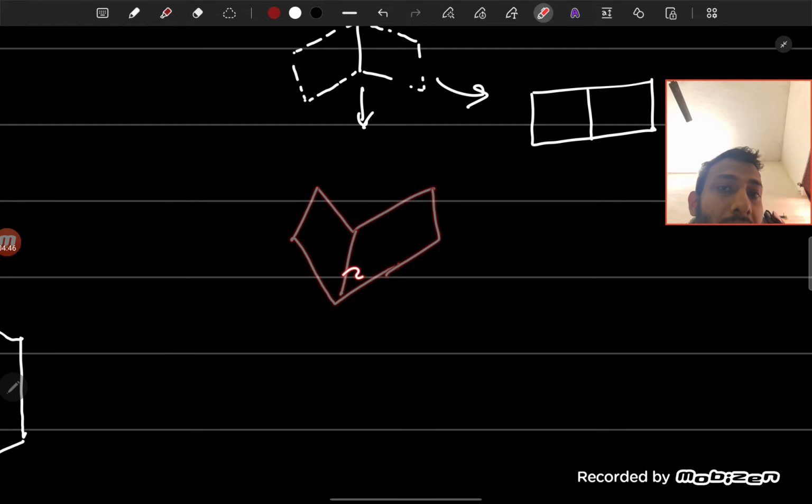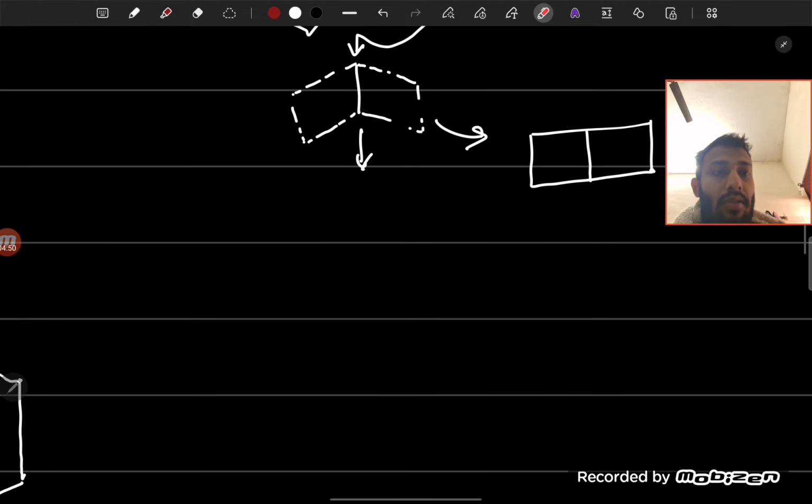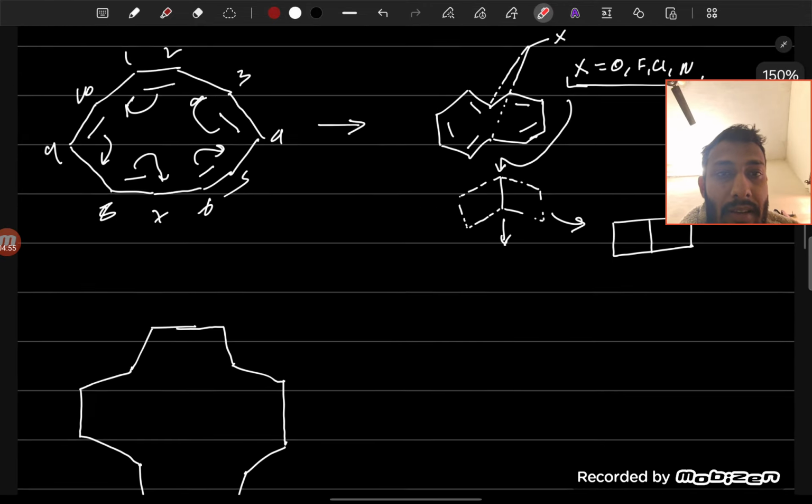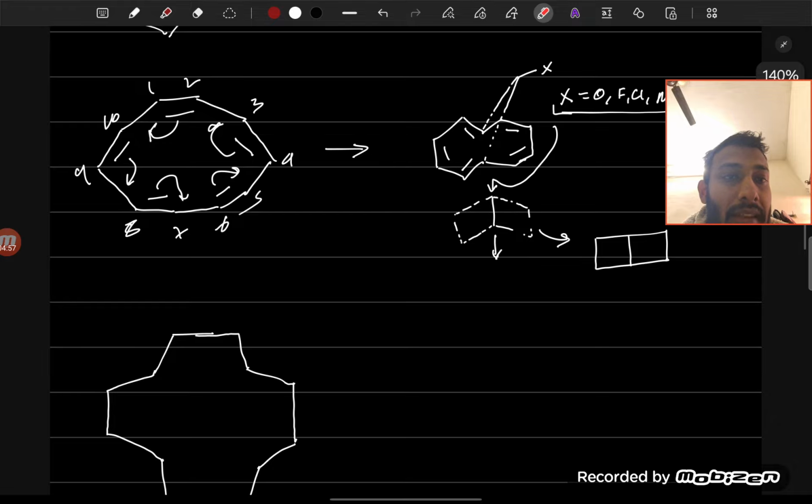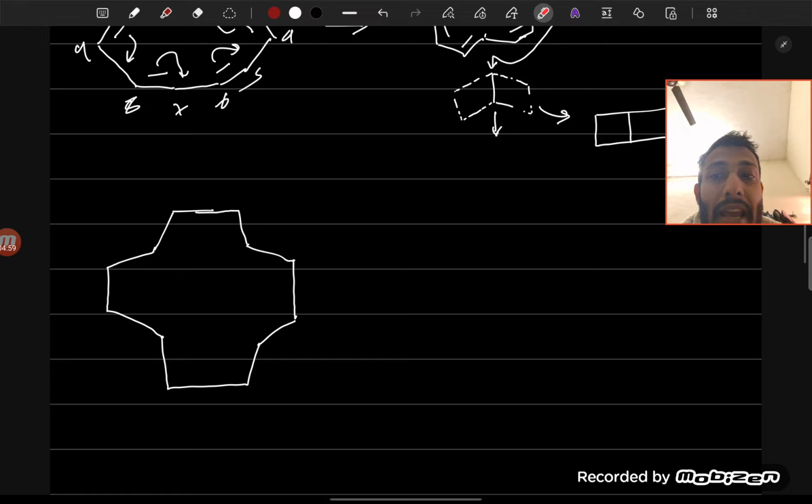So again, a heavy atom will not be beneficial for us. I tried to keep myself in the frame so that I think I have made myself clear. Okay, let me move to the next compound.